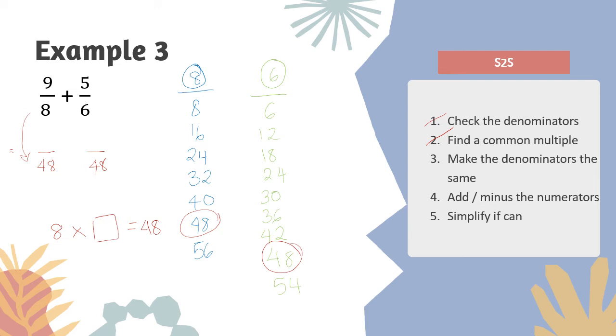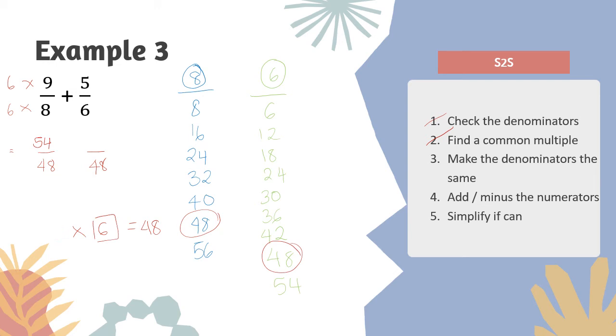So you know here is 6, which means you need to multiply it with 6. So whatever you do to the bottom, you have to do to the top. So you need to multiply the top number by 6. So 6 times 9 is 54.